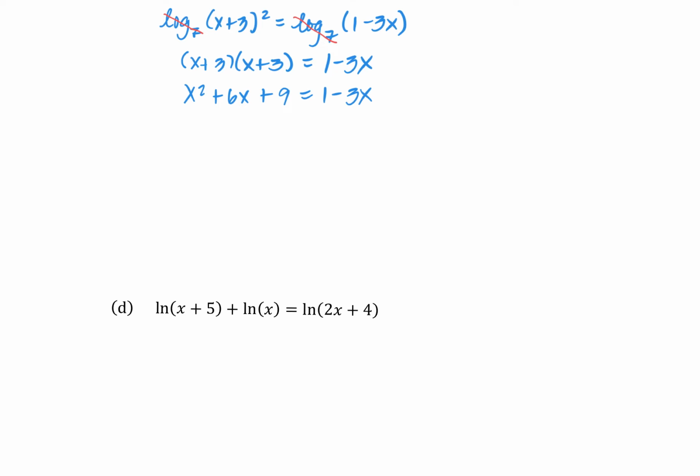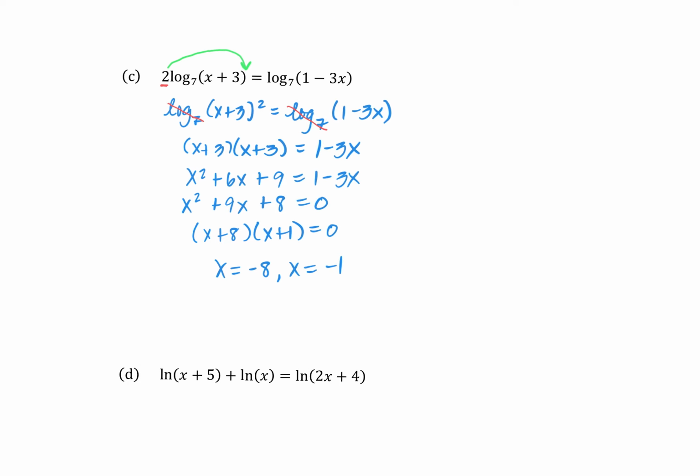I see that it's quadratic, so I am going to set it equal to 0 by adding 3x to both sides to get plus 9x, and then subtracting 1 to get plus 8, and that's equal to 0. So this does factor. This factors as x plus 8, x plus 1 equal to 0. So our possible solutions would be x equal to negative 8 and x equal to negative 1.